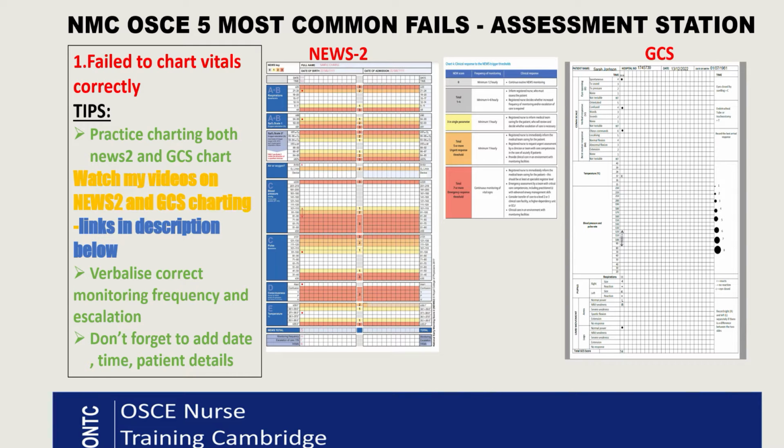Always think about the assessment station as admitting a person on your ward or clinical area, or, if you're in the community, the GP has sent you to a care home or a patient's house to assess their clinical condition.